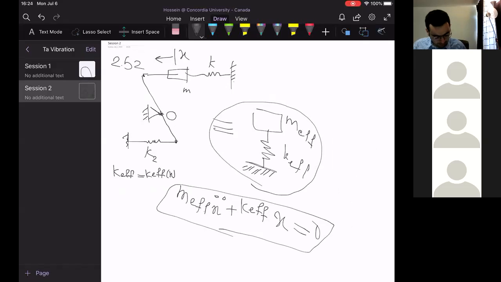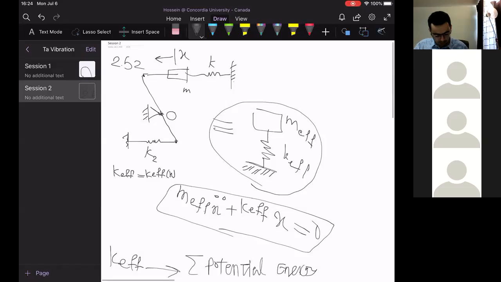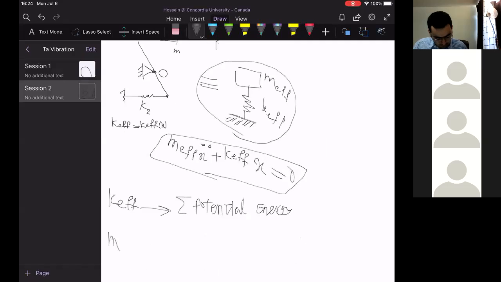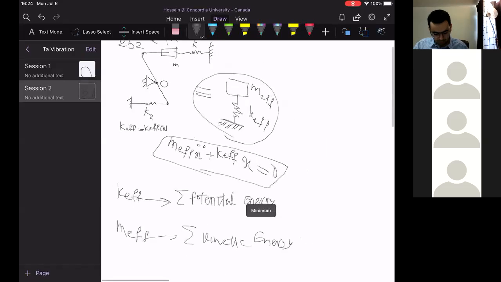For effective stiffness, you have to write all the potential energy, right? And for effective mass, you have to write and make a summation of all kinetic energy. So let's start.